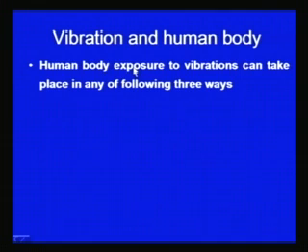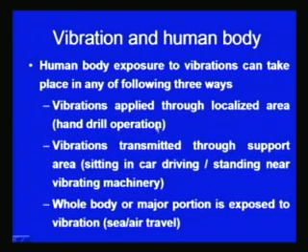The human body exposure to vibrations can take place in three ways. One is when vibrations are transmitted in a very localized manner to the body, like when the operator is holding the machine through which vibrations are transmitted to the body through the hands. For example, an operator is using a hand drill for drilling a hole either in rock, wood, or a piece of metal.